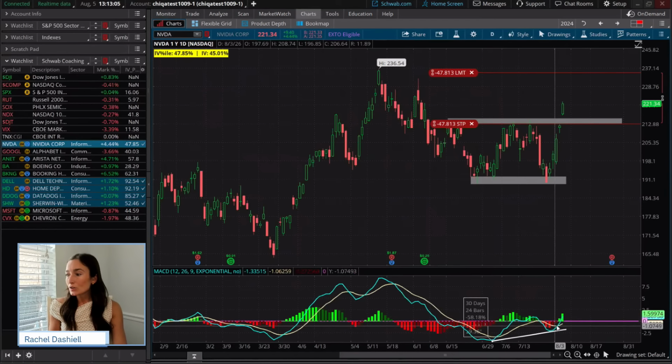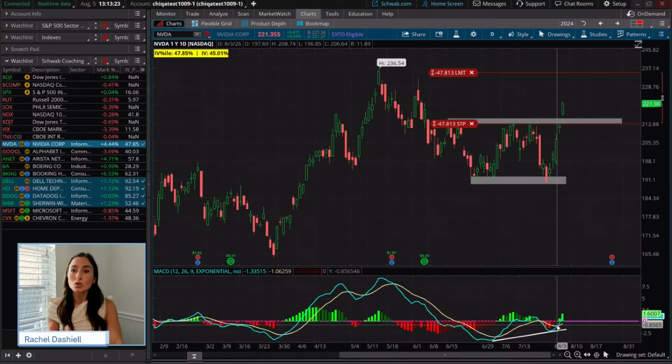We're also going to look for this MACD crossover. The MACD line we talked about is the 12 minus the 26 EMA. That is the blue line on the MACD. Now, that yellowish, tannish looking line, that is what we call the signal line. That is taking a 9 period exponential moving average of the MACD.